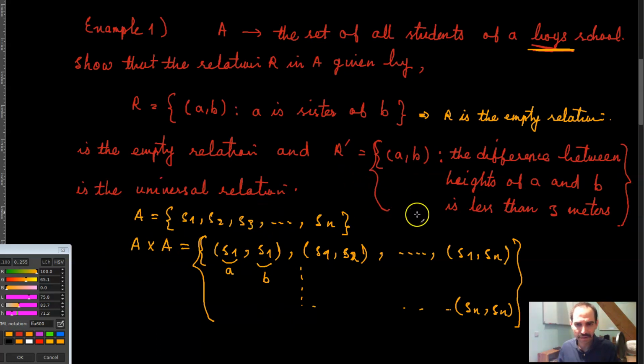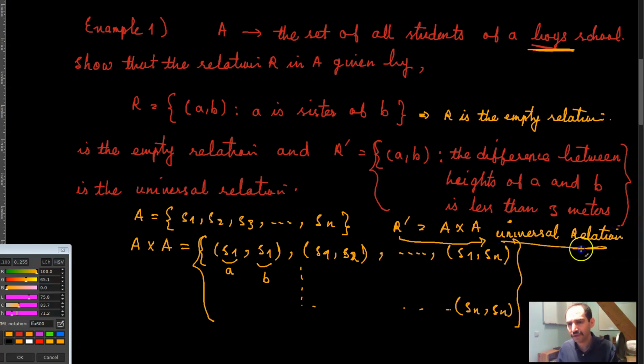That means R prime is actually the Cartesian product of the two sets, which means you can call R prime the universal relation. So that is about this example.